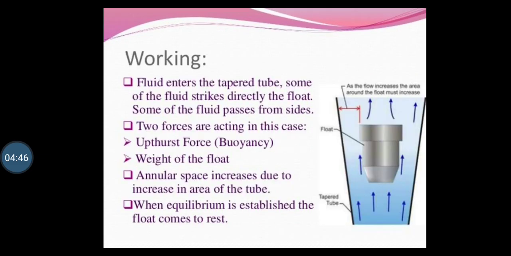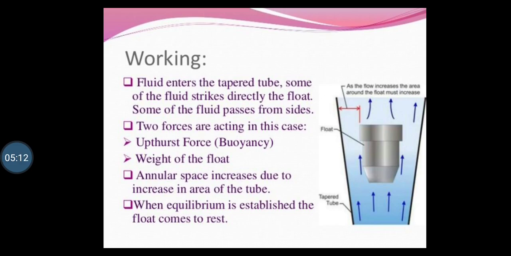Now let's see the working of rotameter. When the fluid enters the tapered tube, some of the fluid strikes directly to the float. Some of the fluid passes from side. The two forces acting in this case are upthrust force, which we have discussed earlier, and weight of the float.